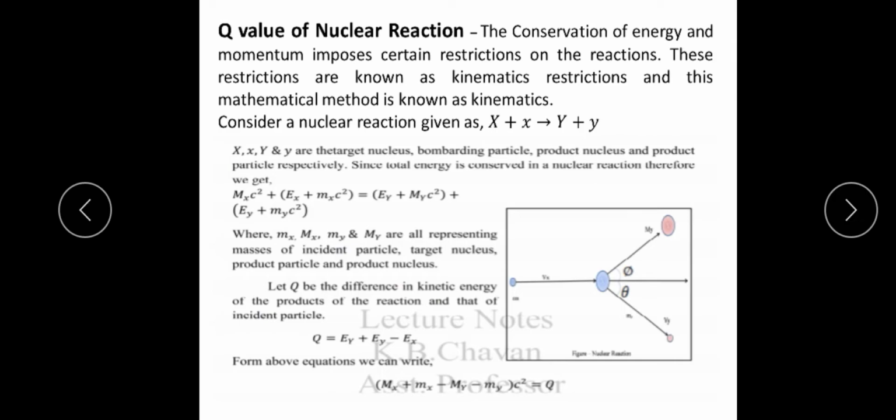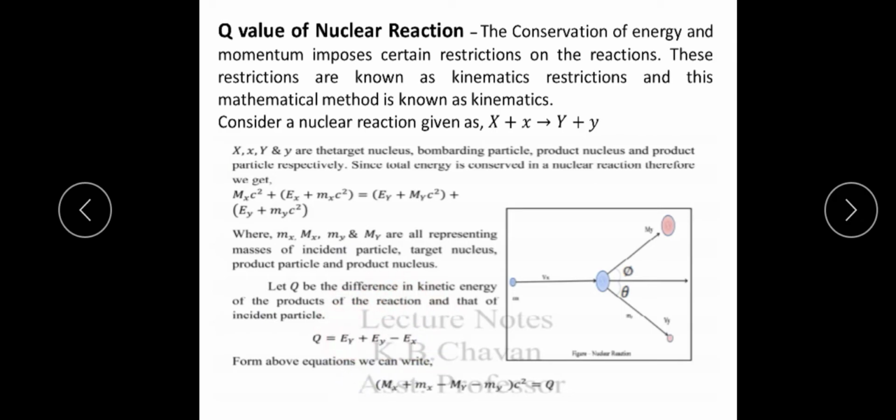Let Q be the difference in kinetic energy of the products of the reaction and that of the incident particle. What is the Q value? Q value is nothing but the difference in the kinetic energy of the products of the reaction and that of the incident particle. As the target nucleus is at rest, its kinetic energy is 0.